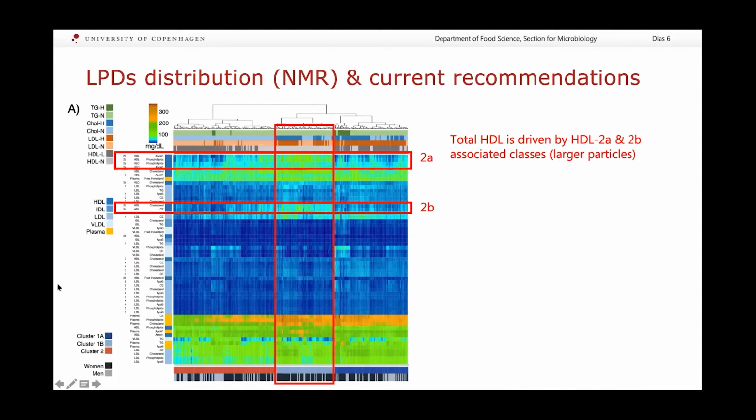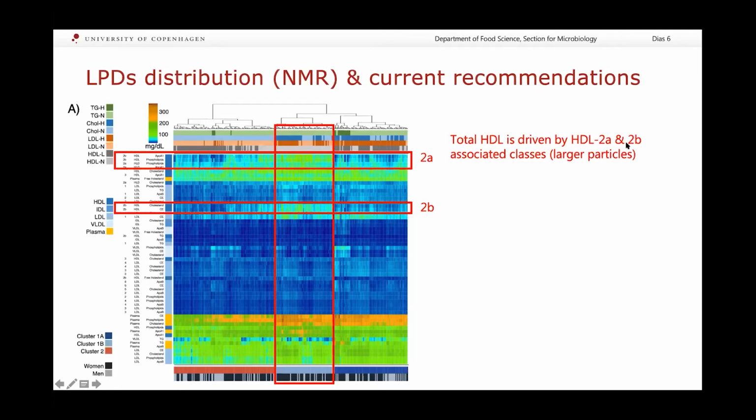If we look at the middle cluster of people, which is called cluster 1B, for example, these are people that in general have HDL values within the recommended levels. What we can see here is that the total HDL is basically driven by large particles of HDL, something that we call 2A and 2B.